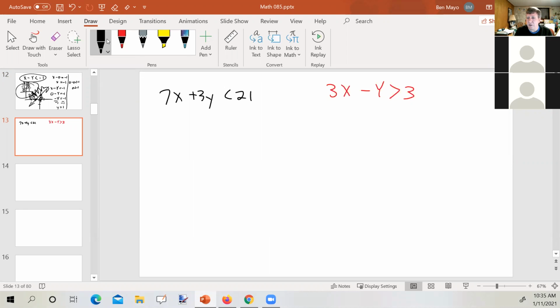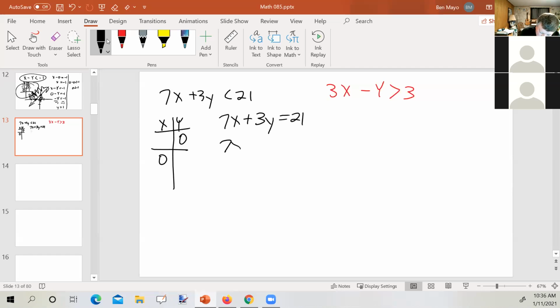Again, I'm going to use the ordered pair method. When I'm done, if anybody wants me to go back and use slope-intercept form, I'm happy to do that. So ordered pairs, I'm going to go ahead again and find the intercepts. Considering the equation 7x plus 3y equals 21.